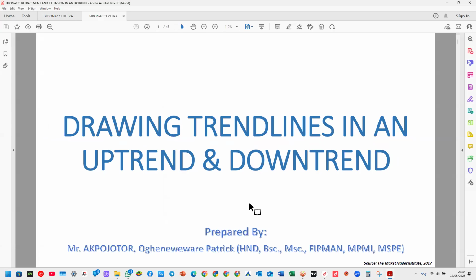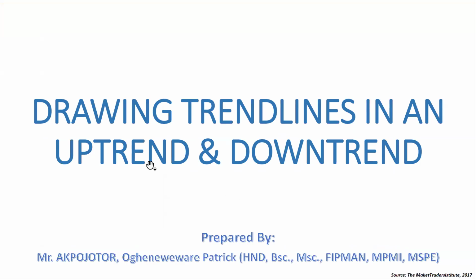For trend lines, there are two types of trend line you can find in the market. Either you have an up trend line or a down trend line. Now, how do you draw this trend line? Typically, people will just draw lines on the chart and say it's a trend line.